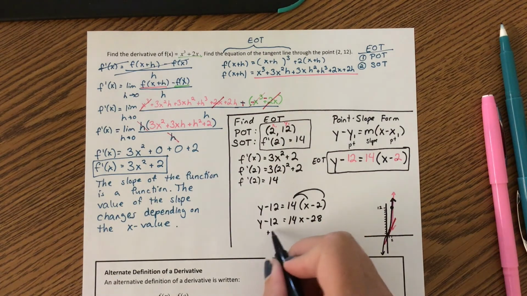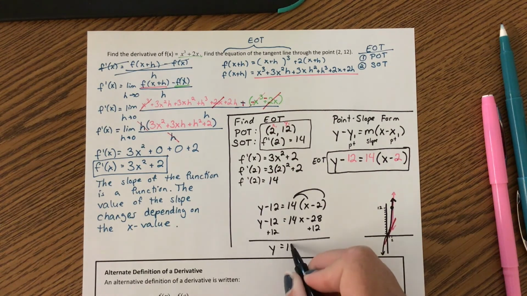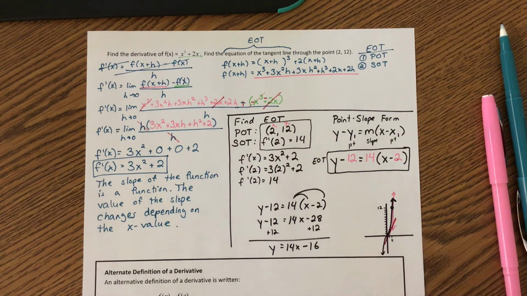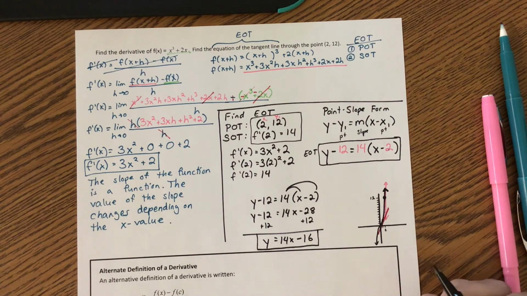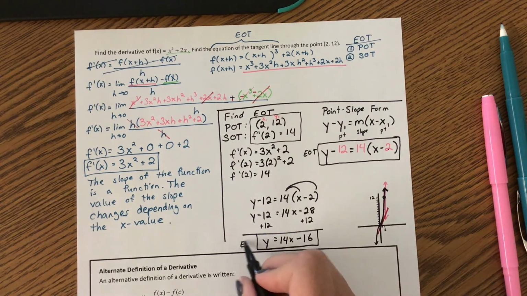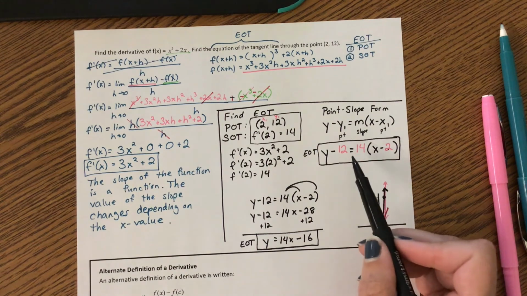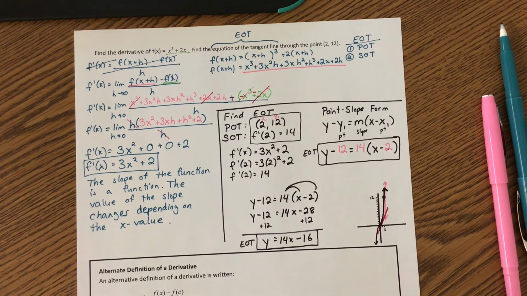And then you can add 12 to both sides, and you end up with y equals 14x minus 16. So this looks a lot more familiar. This is also the equation of a tangent line, but you can just stop here. This is totally valid. I will be stopping here most of the time, but it's the exact same thing.